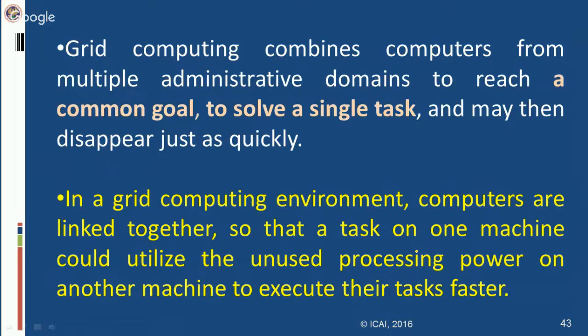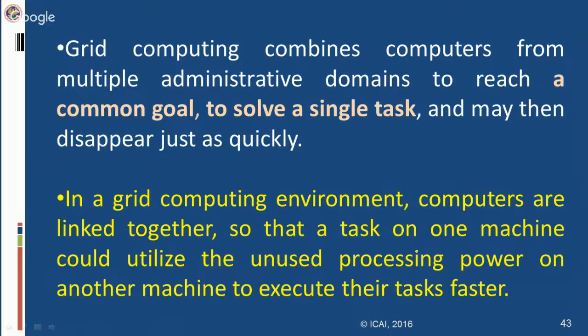The advantage is that grid computing allows one person to share their computer resources across the network. This can both increase the computational power available to programs and at the same time reduce the number of machines needed by an organization.